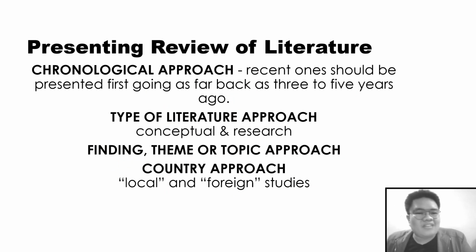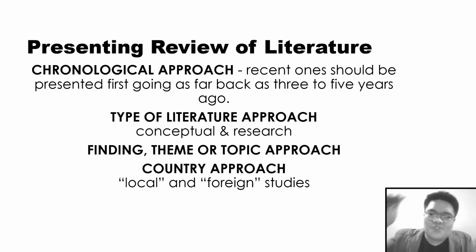And when you are presenting the review of related literature, it would usually depend on institutional format. But the usual that we follow is review of concepts and then review of literature. Under the review of concepts, all your variables should be discussed. Okay, your independent variable is your subtopic 1. Your dependent variable is subtopic 2.